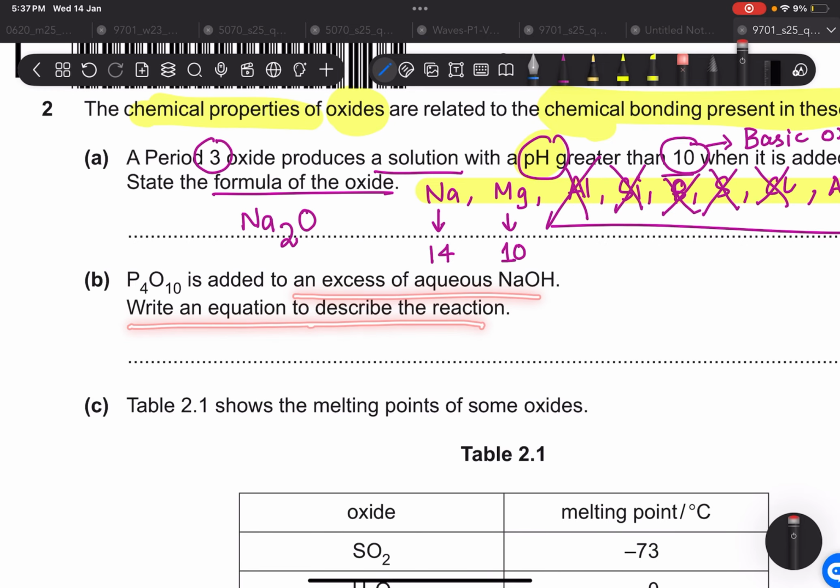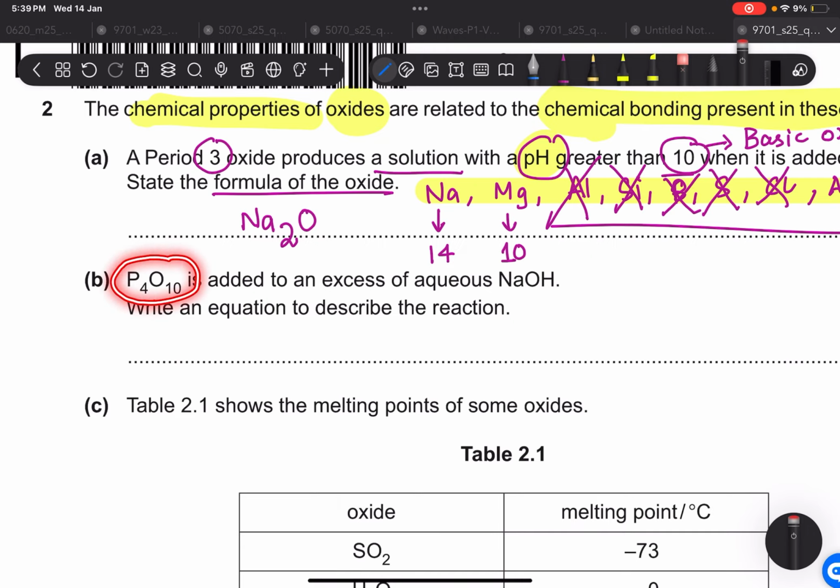Okay, you have P4O10. First, you got to realize P4O10 is basically an oxide of phosphorus that's going to be acting as an acidic oxide. And since we know it's an acidic oxide and NaOH is a base, it's going to be an acid-base reaction between NaOH and P4O10.